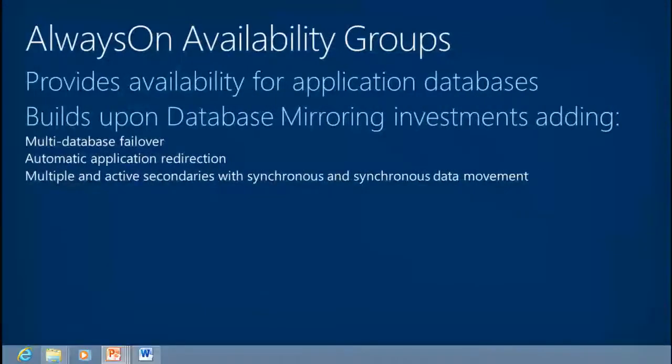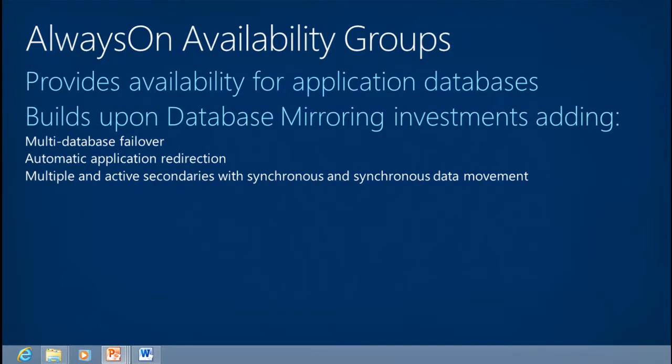What it does is it takes the best of breed capabilities from our past high availability and disaster recovery technologies. If you think about database mirroring, the way that we explained it, it becomes obvious that it's a one-to-one relationship. I can have one primary database or principal, and I can have one mirror database.